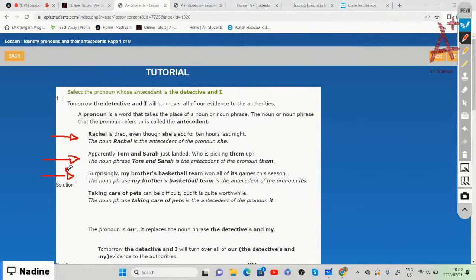So the noun phrase, my brother's basketball team, is the antecedent of the pronoun its, because its refers to the basketball team.